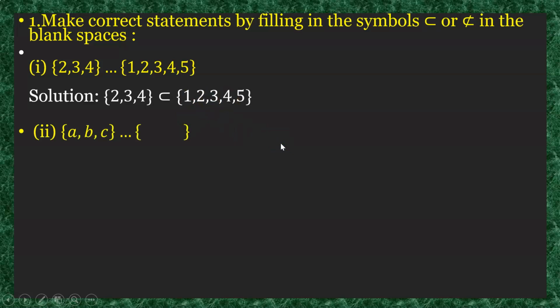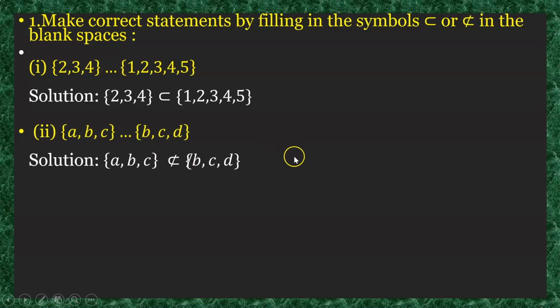Next is {A, B, C}, and here is {B, C, D}. It's clear that {A, B, C} is not a subset of {B, C, D}.